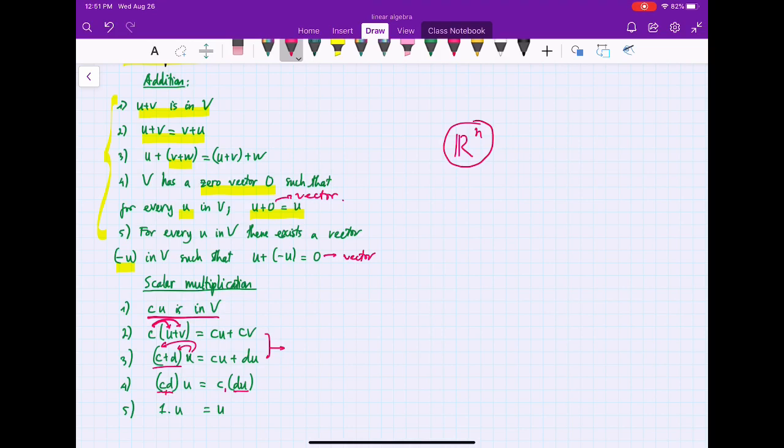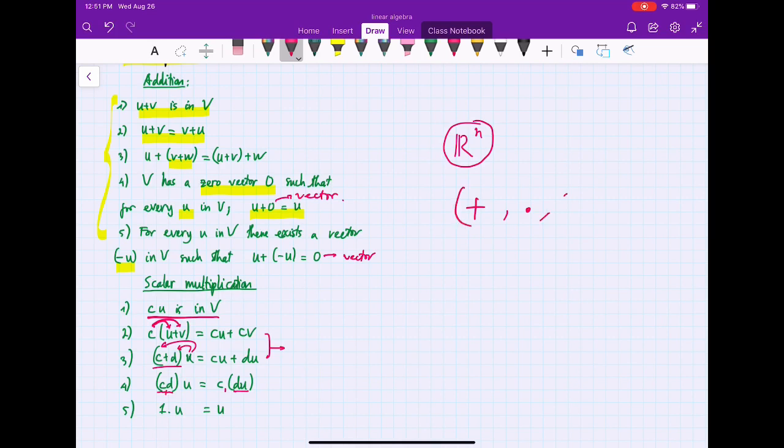So that is the general axioms for vector spaces, right? That means in order to determine if a set is a vector space or not, we need two operations, addition and scalar multiplication.